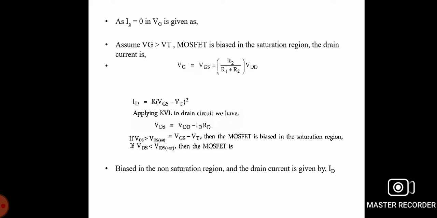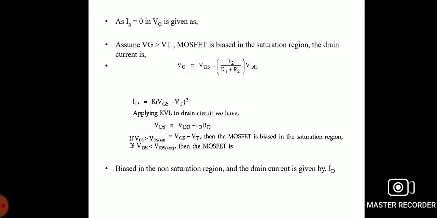So the drain current is equivalent to K of VGS minus VT, whole square. Now we apply Kirchhoff's voltage law in the drain circuit. The drain source voltage is equivalent to VDD minus ID into RD.